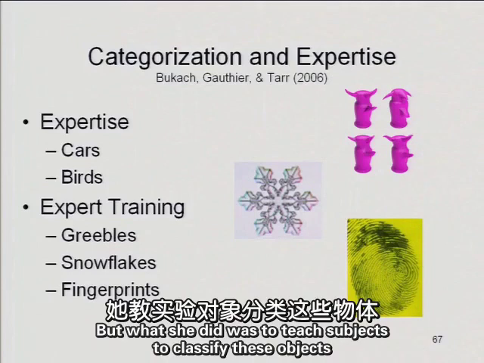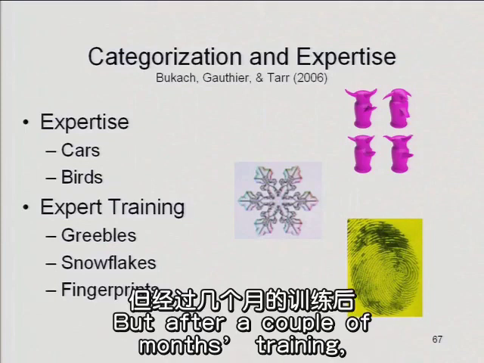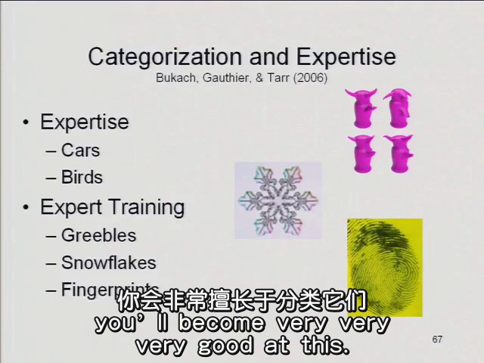But what she did was to teach subjects to classify these objects that all pretty much look the same to us, but after a couple of months of training, you become very, very good at this.